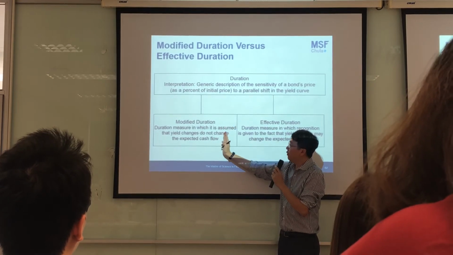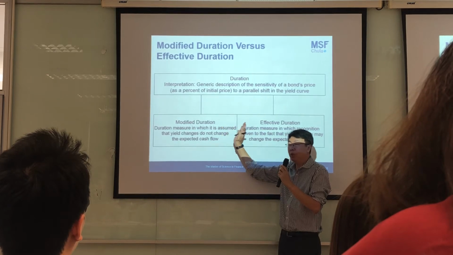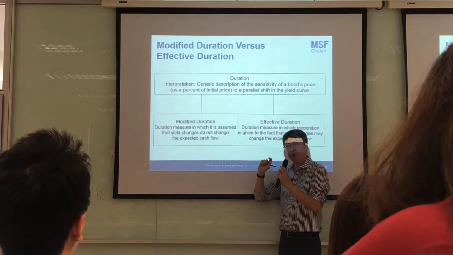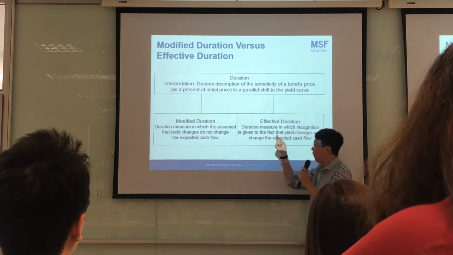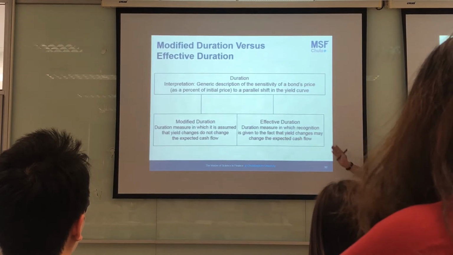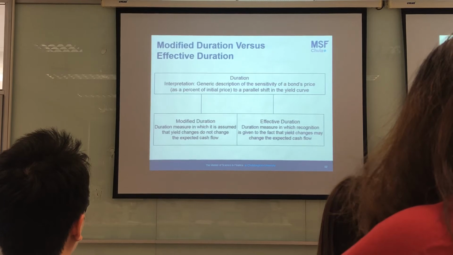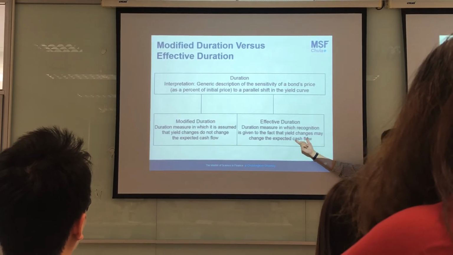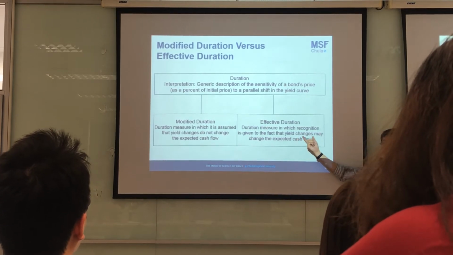So the expected cash flow does not change when we assume a change of the yield, right? But for the effective duration, when we apply it to the callable bond and puttable bond, the expected cash flow may change because of the yield change.